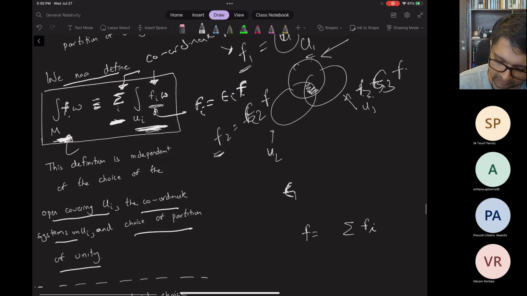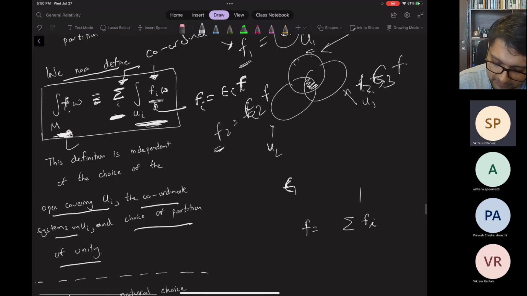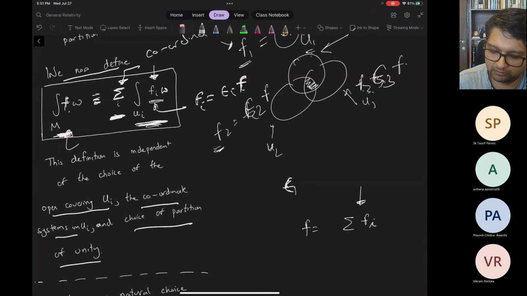That is correct. But this splitting depends on which coordinate patch you're in, so you can't do this splitting over here. But you can define it here when I define a sum over coordinate patches. So this is again just a definition.